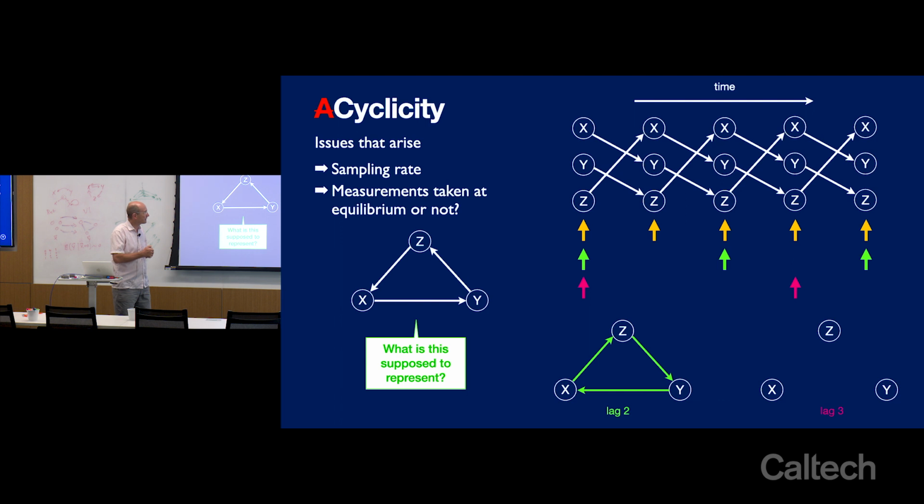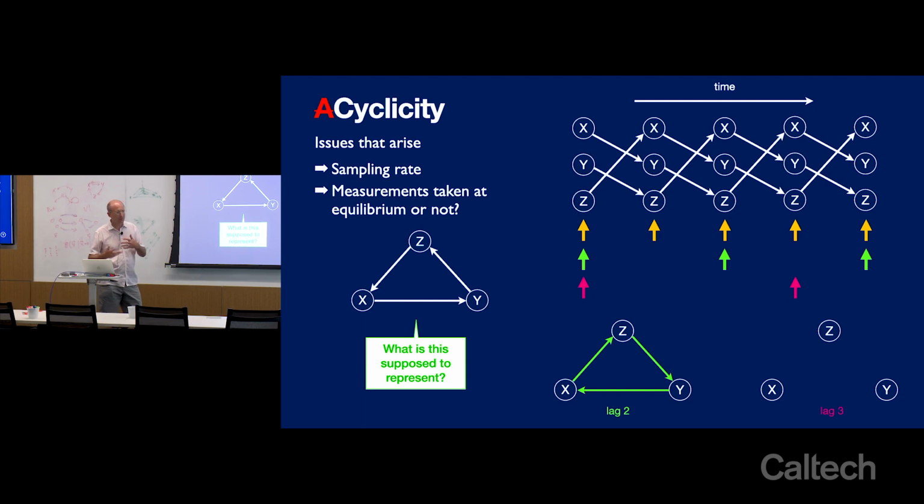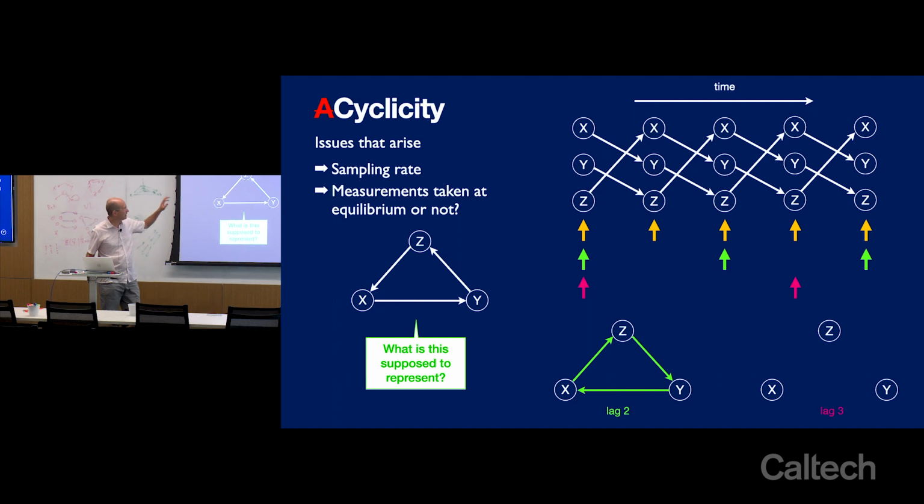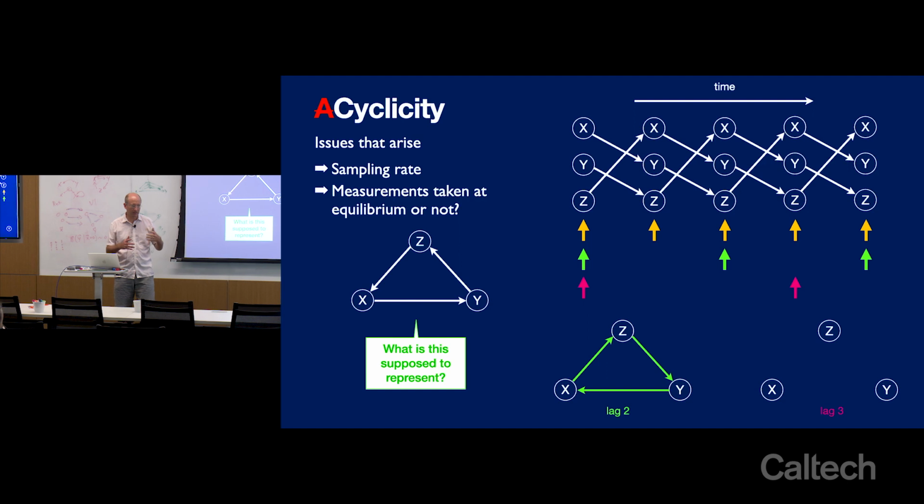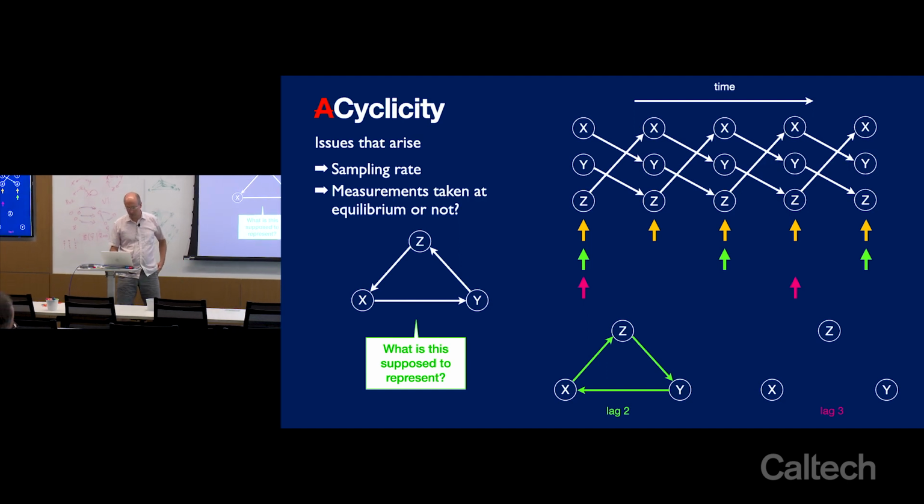And I think ultimately, if you have a system with feedback, it's very important to first get completely clear on what sort of feedback you're thinking about or what you want to model. And then we can start thinking of how we might address it for causal inference. It's generally this question of what you actually mean by this graph that I think hides most of the problems.